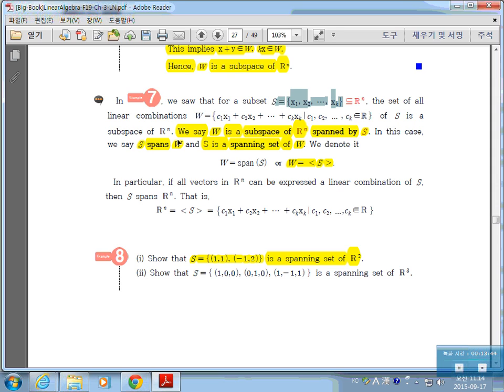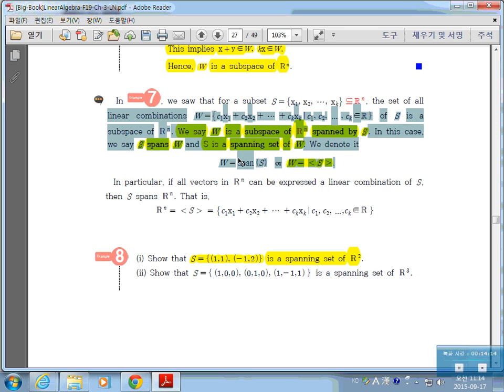We also say S spans W, and S is a spanning set of W. If we have a subspace W from S, then we call S spans W, S is a spanning set of W, and W is a subspace of Rn spanned by S. These are all different names to explain the situation where we have a subspace.